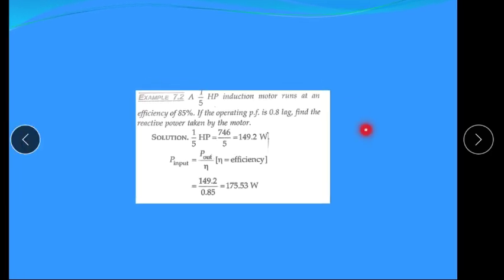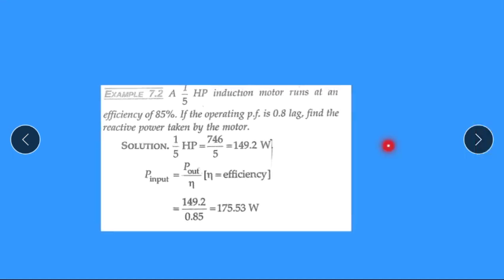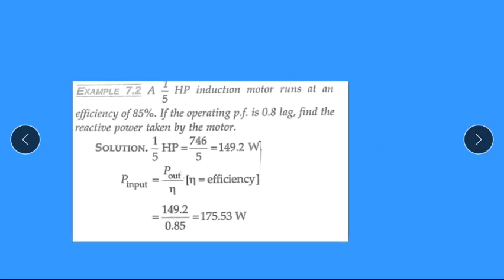Now we take a simple example on the basis of power in AC circuit. In the given question, a 1 by 5 HP induction motor runs at an efficiency of 85%. If the operating power factor is 0.8 lagging, find the reactive power taken by the motor.